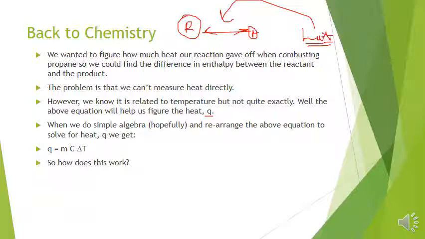Simple algebra gives you this: the heat is equal to the mass of the substance, which we'll talk about in a second, times the heat capacity times the change in temperature. We're going to use this equation to figure out this heat up here, which is the same number as the difference between these two. So how am I going to do this?